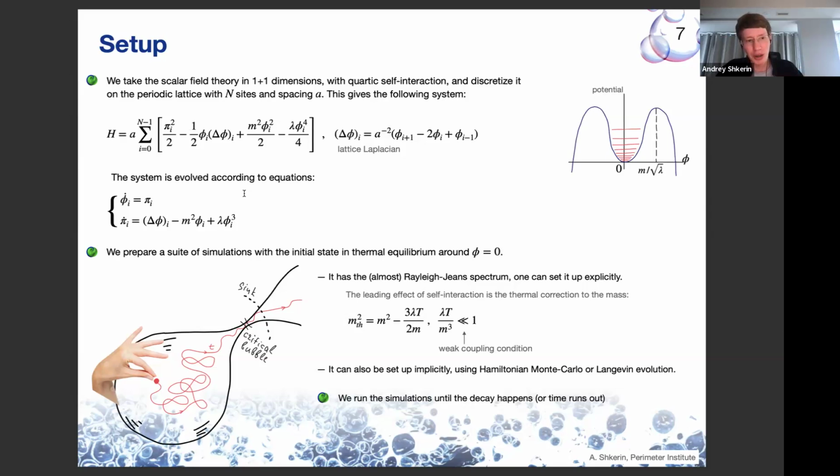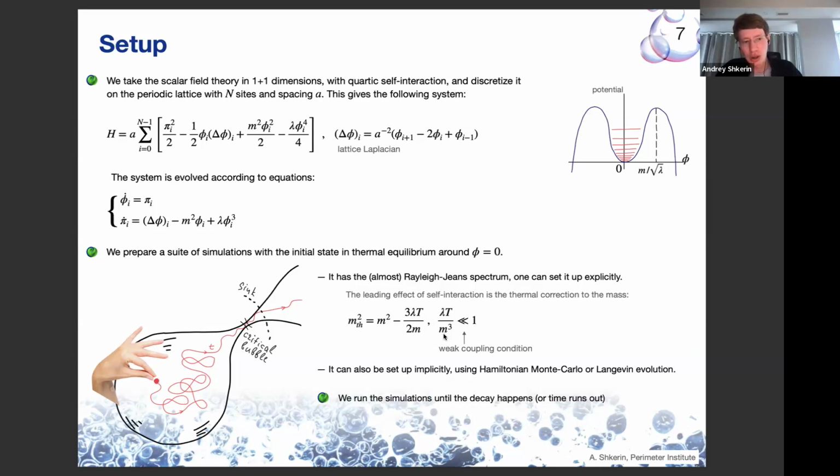Strictly speaking, the Rayleigh-Jeans spectrum describes equilibrium in a free theory. So we must account for, at least, the leading effects of self-interaction in the theory. It turns out that in this case, the leading effect of self-interaction is a thermal correction to the mass, as I write here. In the weak coupling regime, this parameter, which is the only parameter in the model after we rescale the variables properly, must be much smaller than 1.